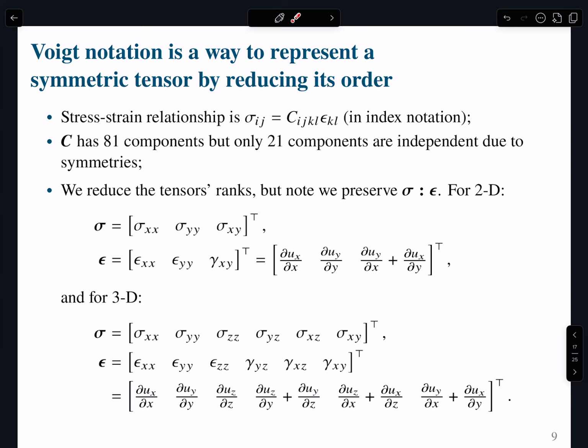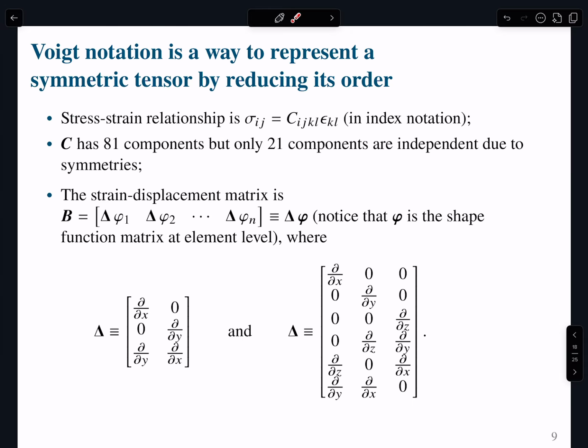We reduce the dimensionality. And now my C matrix, I am going to write it also as a second order tensor, right? And so now I can do that. Well, the strain displacement matrix for this case, if you recall, was essentially the matrix that we are going to be using to relate strains and displacements, right? And in the case of 2D elasticity and 3D elasticity, we obtain that matrix by simply applying this differential operator to our shape functions.